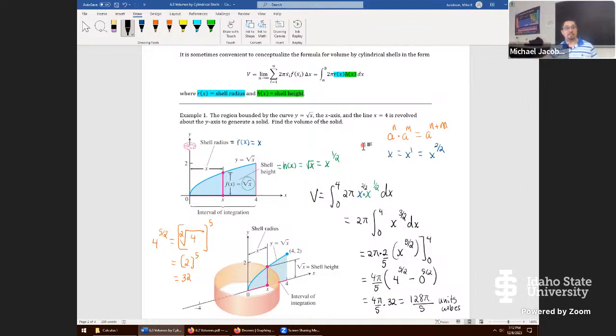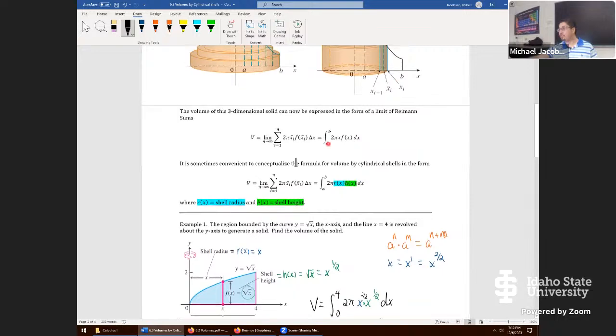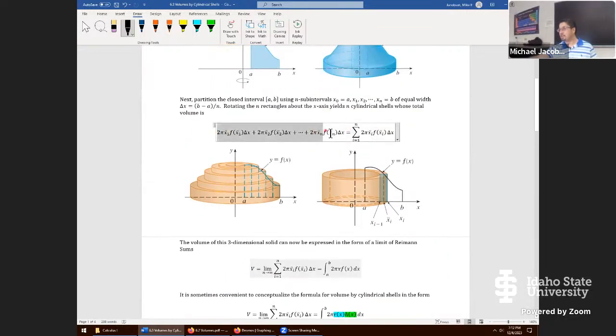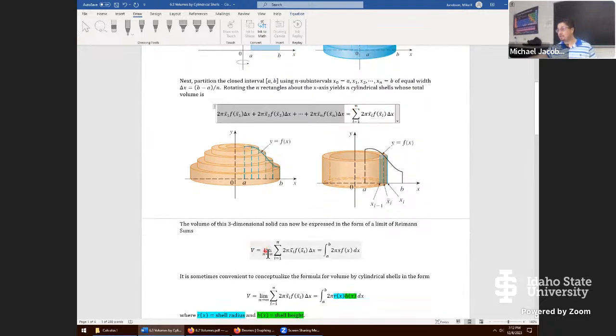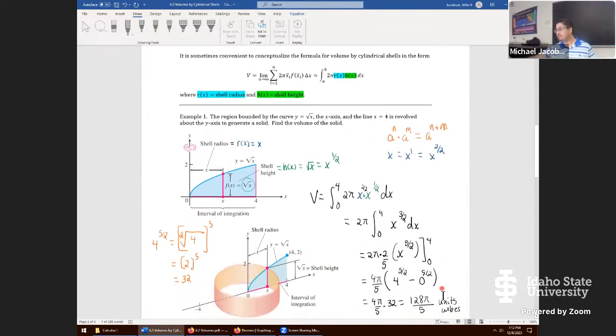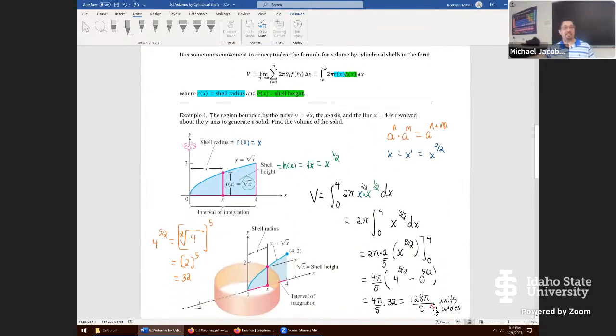A whole bunch of stuff happens in the background. There are infinitely many different cylindrical shells being constructed, volumes being calculated and added up when we're doing this all together. Then we just kept adding more and more shells, taking the limit. So all that process we did turned into that complicated limit. Somehow, some way, that limit is exactly 128 pi fifths.